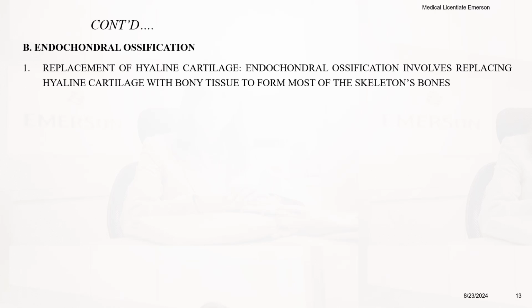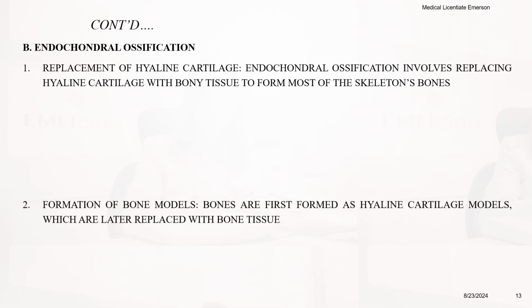Okay, so let's now go to the endochondral ossification. Okay, so the endochondral ossification or endochondral osteogenesis first begins by replacement of hyaline cartilage. So the endochondral ossification involves replacing hyaline cartilage with bone tissue to form most of the skeleton's bones.